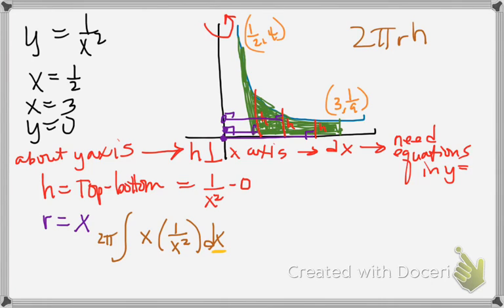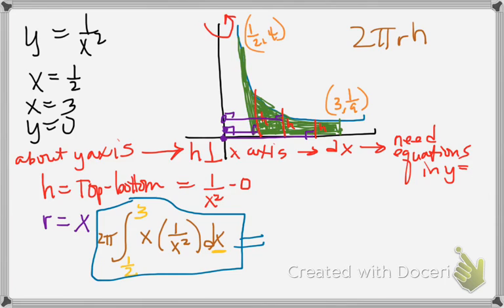So I'm going to look at the shaded region. And the x numbers for the shaded region go from 1/2 to 3. And so now, either by hand or by calculator, you should be able to do the integration. And imagine what answer you're going to get.